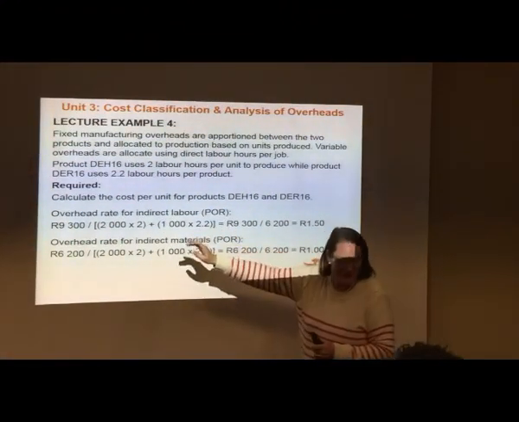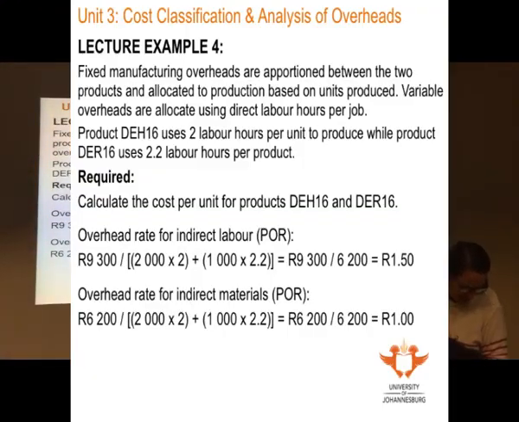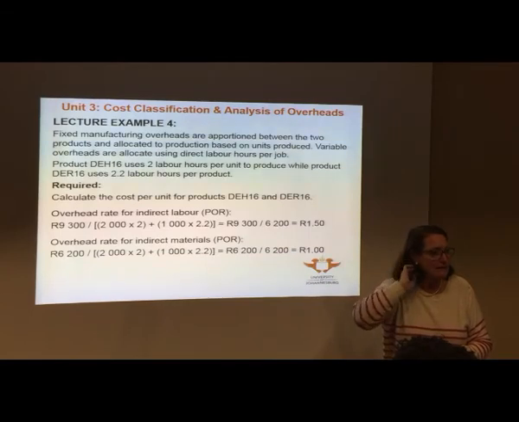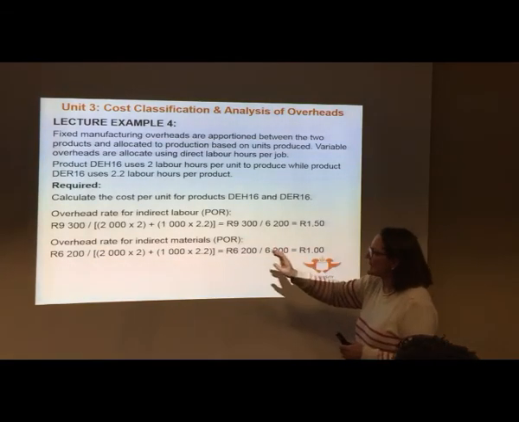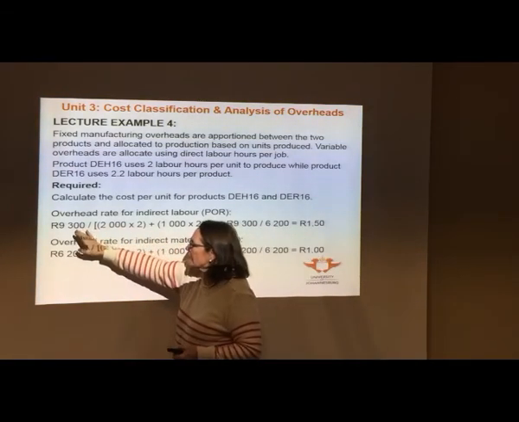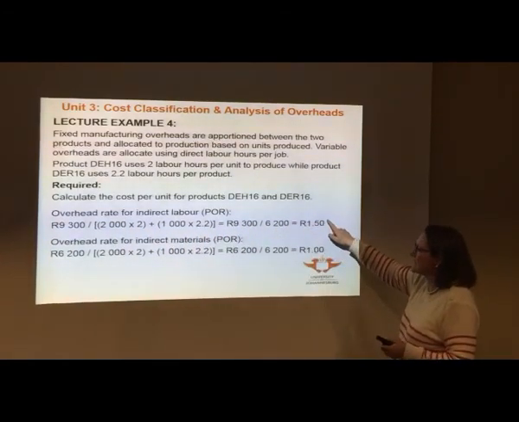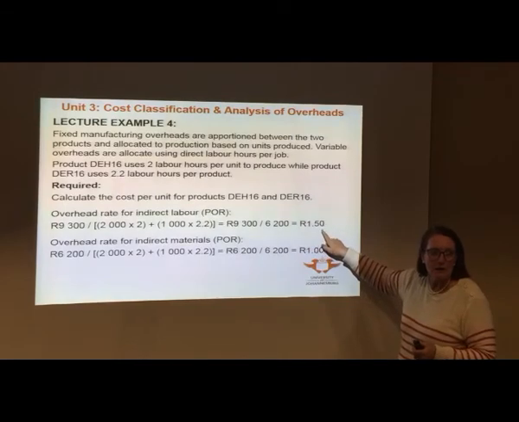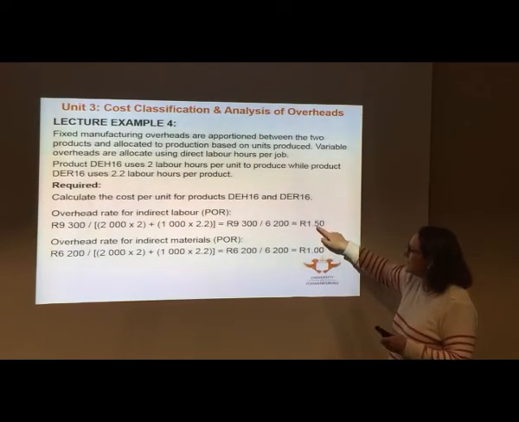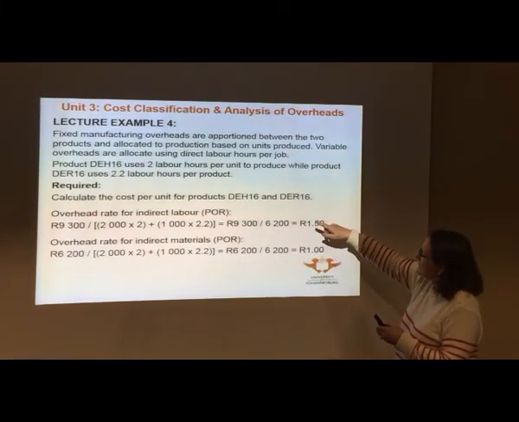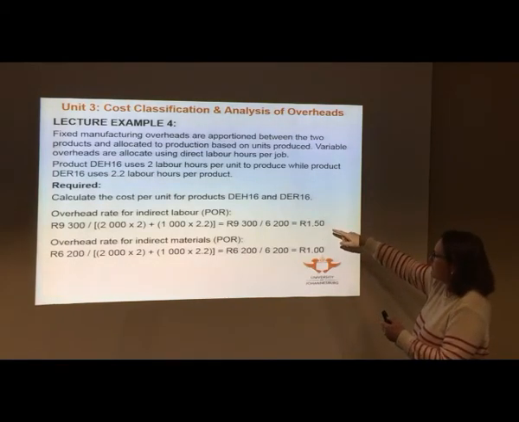Indirect labor is 9,300. Have you got that? Yes. Okay. We have already calculated the labor hours of 6,200. Are you okay with that? Okay, so we take the 9,300 divided by the 6,200 and we get 1 Rand 50 per labor hour. Okay? Now, this is for all of them, 1 Rand 50 per labor hour.